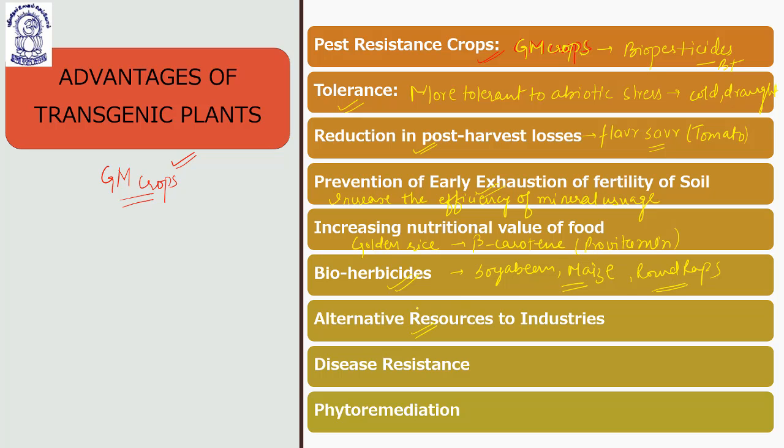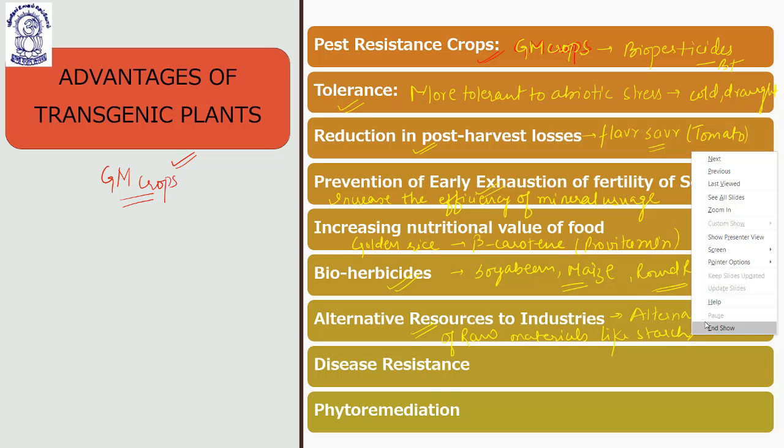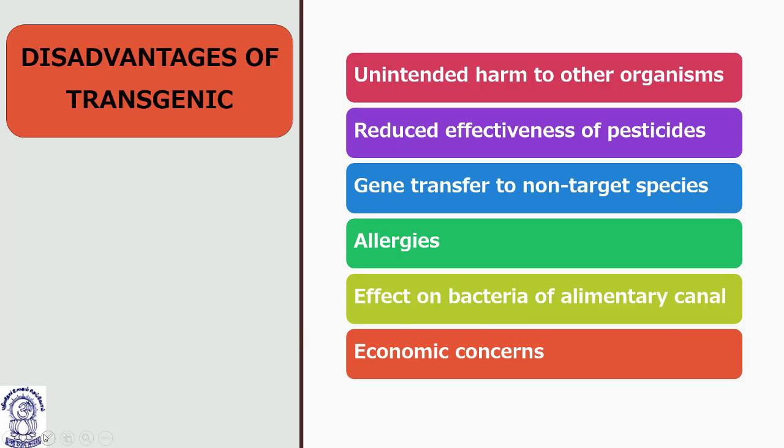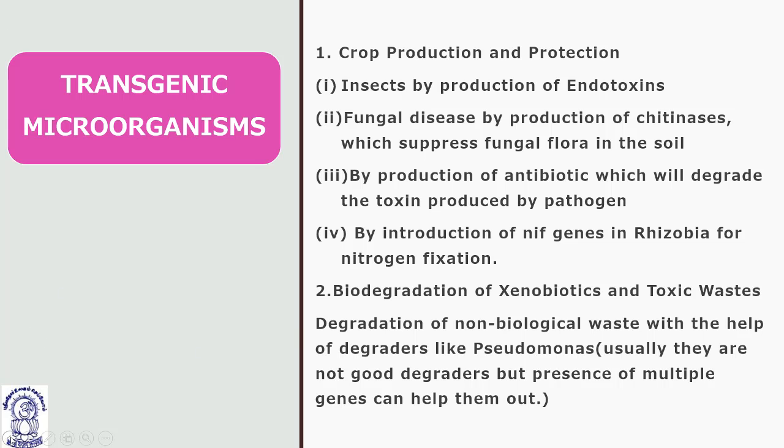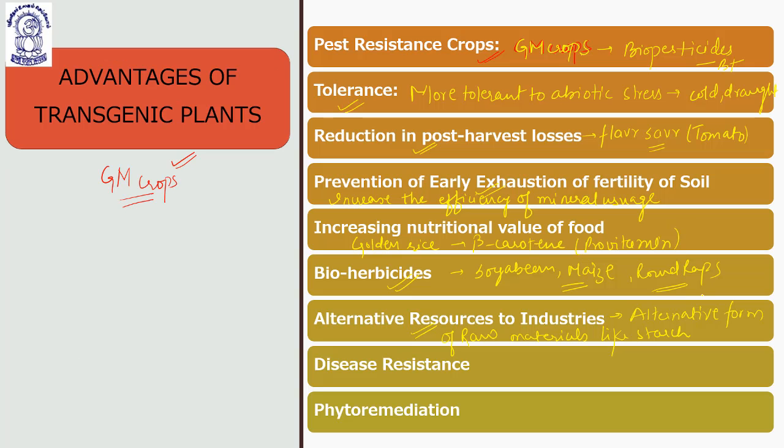Alternative sources for industries: genetically modified plants have been used to create alternate resources for industries in the form of raw materials like starch, edible antibodies, etc. It helps to increase disease resistance power.